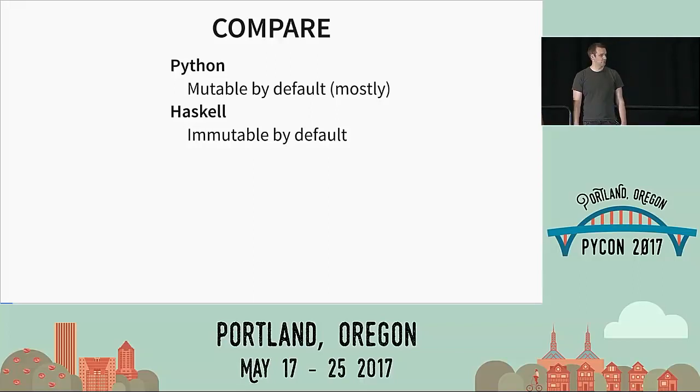Well, edX is a Django shop, so I do Python by day. But at night, I also write Haskell for fun, not really for profit yet. And there are patterns that I've picked up in Haskell that I think are really useful for writing Python as well. Now, the biggest difference between Python and Haskell, in my mind, is that Haskell is immutable by default, and Python is not.